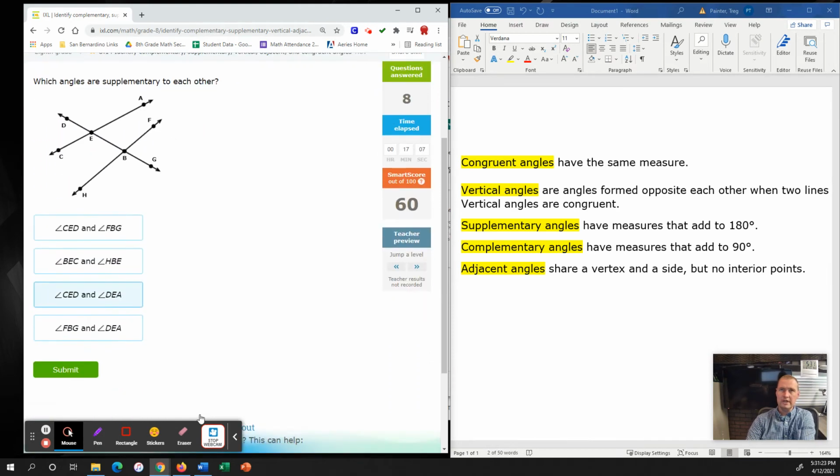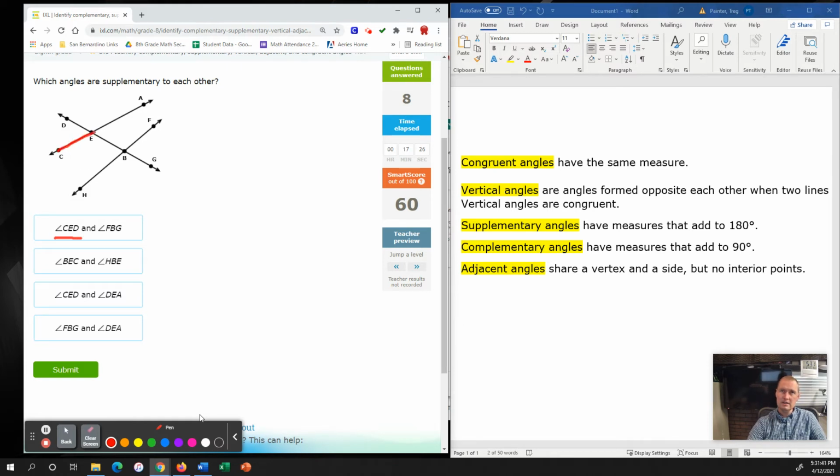All right, next one. Which angles are supplementary to each other? So supplementary is our new one. We haven't done a supplementary yet, but we're looking for 180 degrees. So we're looking for 2 angles that make a straight line. All right. What about CED?